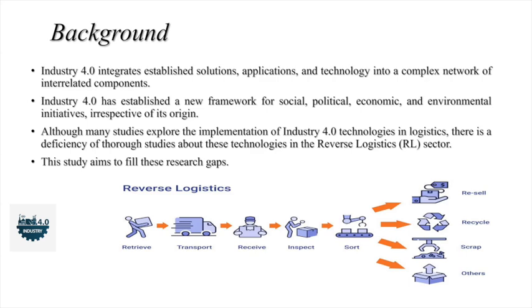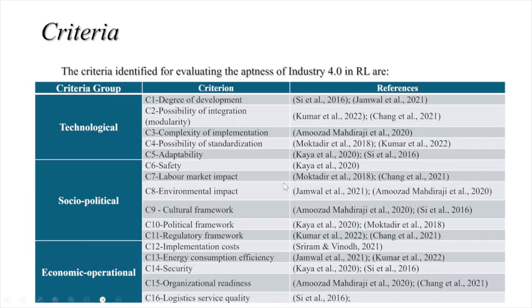Now the third part of the title is the Bayesian best-worst method and COBRA. So we have integrated these two things all together. What I would like to say here is we tried to find out through the last 15 years.